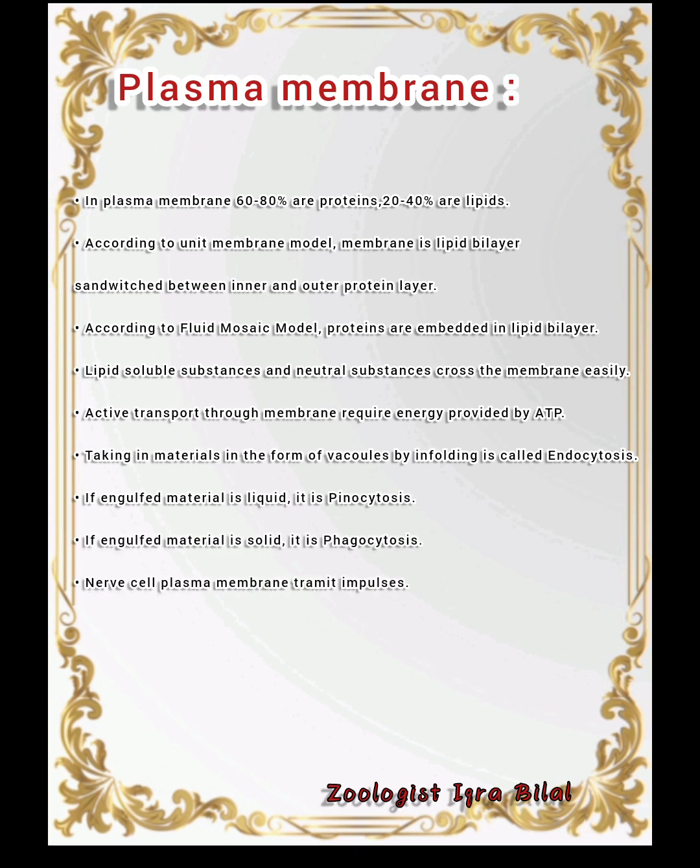Now, plasma membrane. Now, your attention must be deep. In plasma membrane, 60 to 80% is protein, while 20 to 40% is lipids. There are 2 models of plasma membrane: the unit membrane model and the fluid mosaic model. According to the unit membrane model, the membrane is a lipid bilayer sandwiched between inner and outer protein layers.